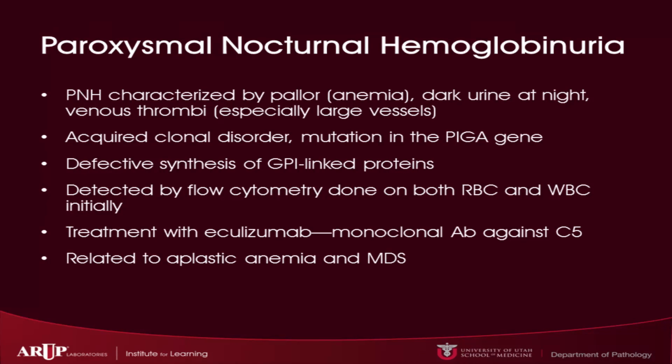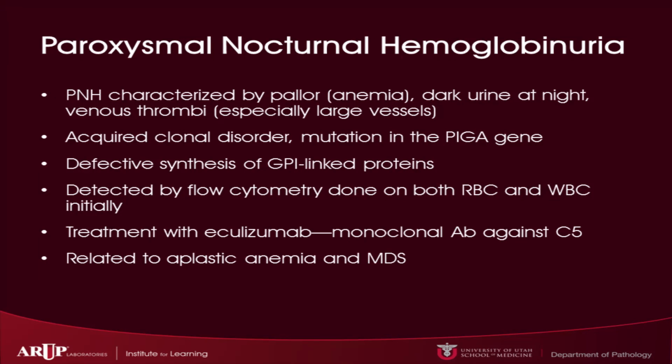The mutation is seen in the PIG-A gene, and this particular mutation is associated with paroxysmal nocturnal hemoglobinuria. Because of this mutation, the synthesis of the GPI linked protein, which is the most important protein to link the red blood cell membrane, is defective.